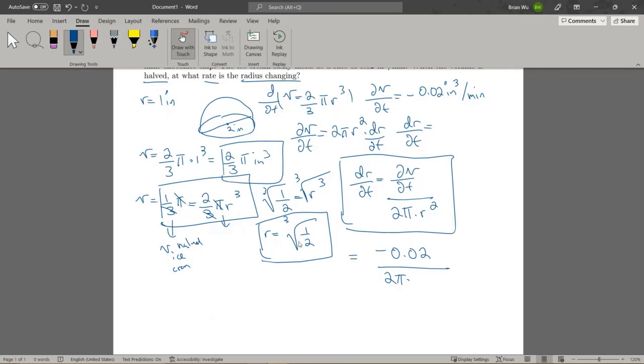R squared, when the volume is halved, is the cube root of 1/2 squared. Sorry, I forgot that squared. Okay, then 2 pi times 0.5 to the power of.